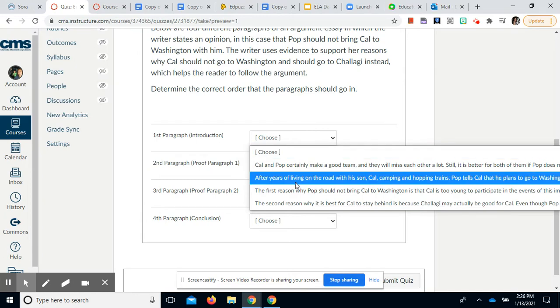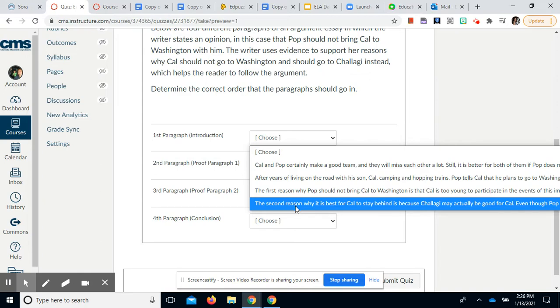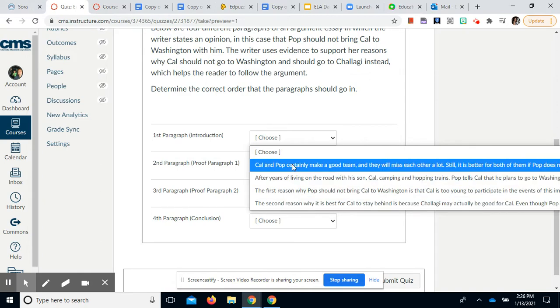So it's easy to eliminate first reason and second reason, as those are our 2 proof paragraphs. When looking at "Cal and Pop certainly make a good team and they will miss each other a lot, still it is better," or "After years of living on the road with his son, Cal, camping and hopping trains, Pop tells Cal that he plans to go to Washington."